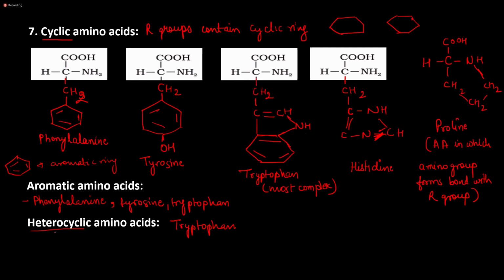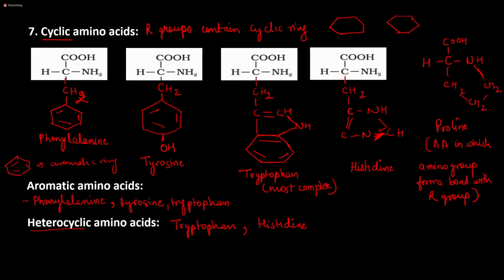Different types of elements are present in the ring. The second is histidine, because histidine also has two N in its ring. So the heterocyclic amino acids are tryptophan and histidine, while the aromatic amino acids are phenylalanine, tyrosine, and tryptophan.